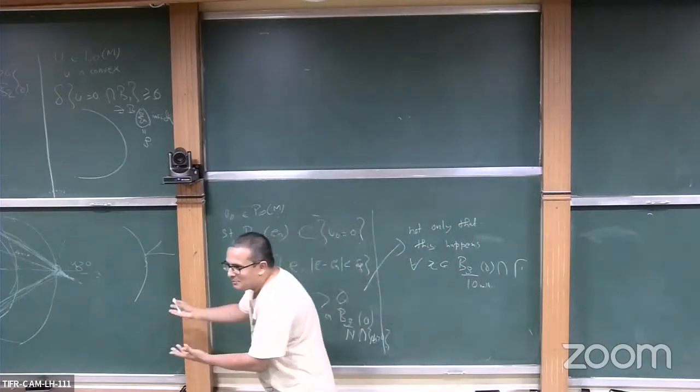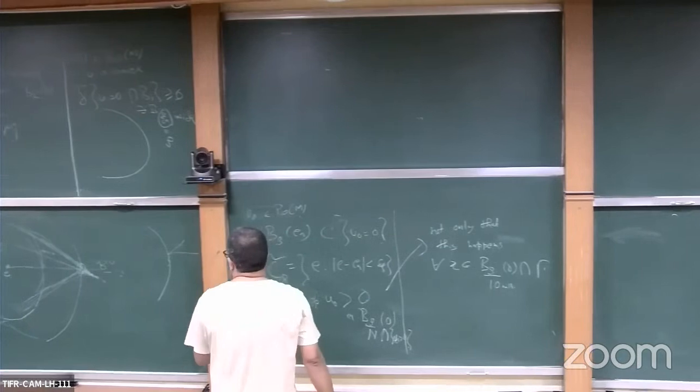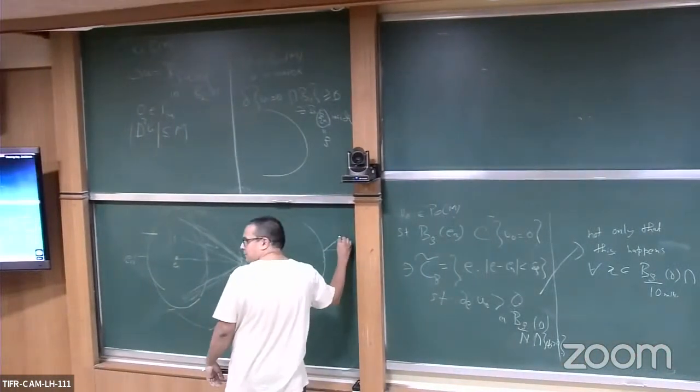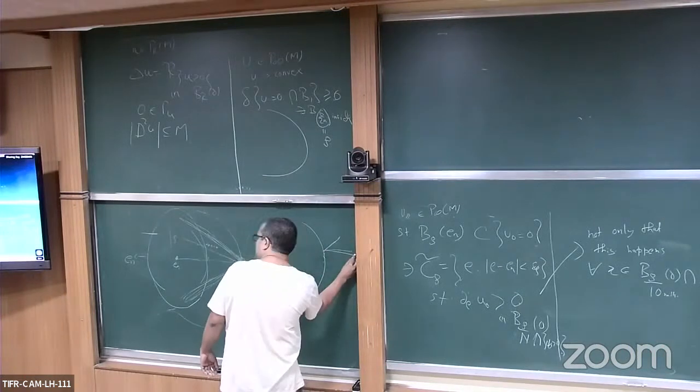I just need to compromise a bit. And then at every point, if you leave the cone, u is positive.